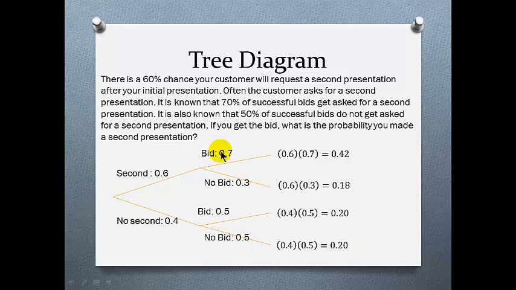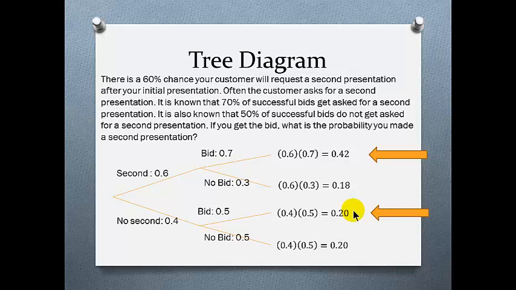Now what we know is we've been given that we got the bid. That's given to us. That's a guarantee. So I only need to look at the stems here that got the bid. In this case, the top stem got the bid, and this third stem got the bid. That's our denominator. We're going to add those together. 0.42 and 0.20 is going to be 0.62 in our denominator.